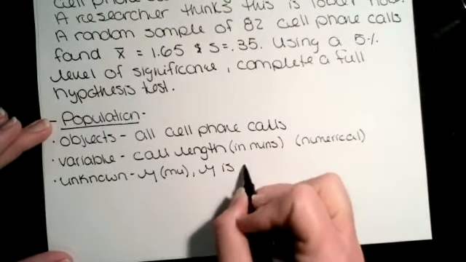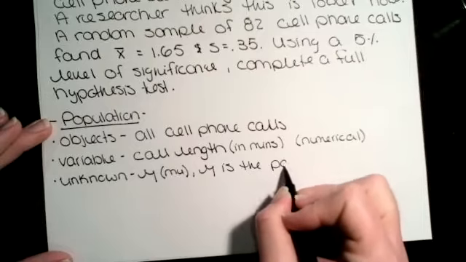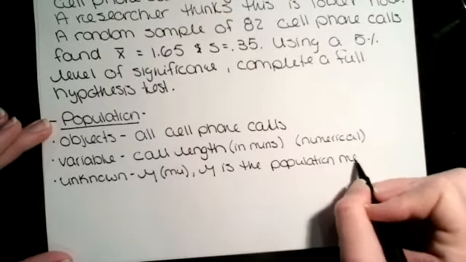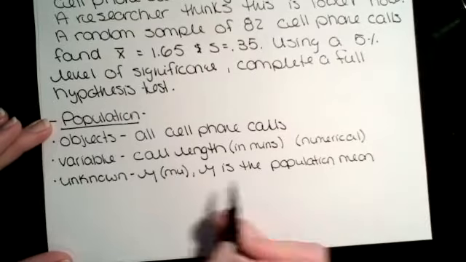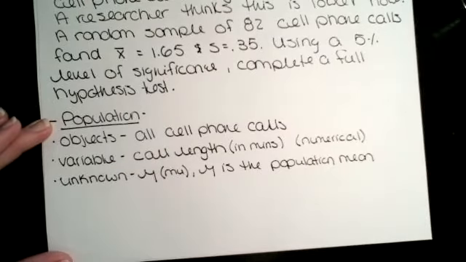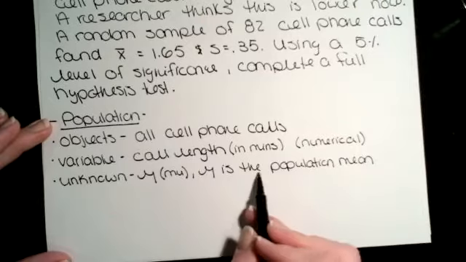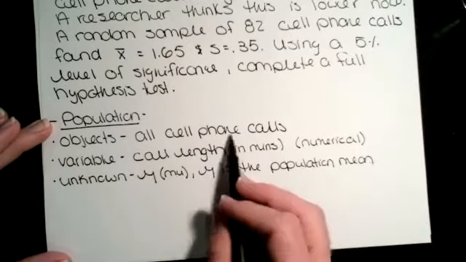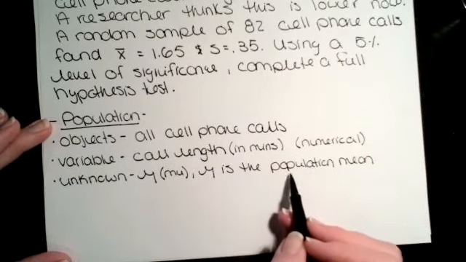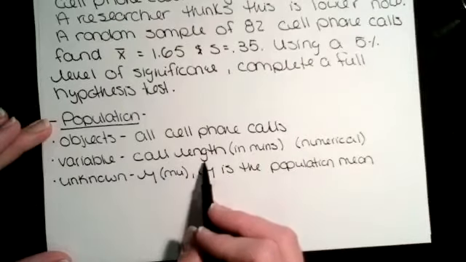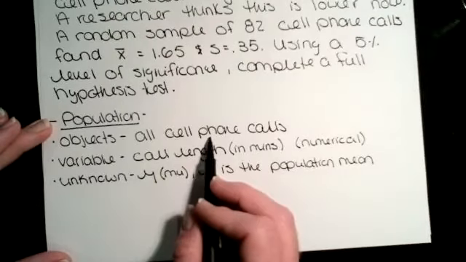Mu is the population mean. I always start it that way. And now I'm going to tie in the variable and the object. So I can word this a couple different ways. So I could say mu is the population mean cell phone call length. I could say mu is the population mean call length from cell phones.